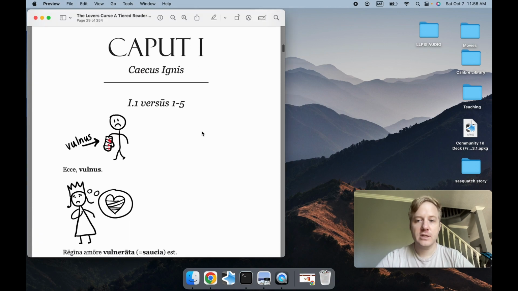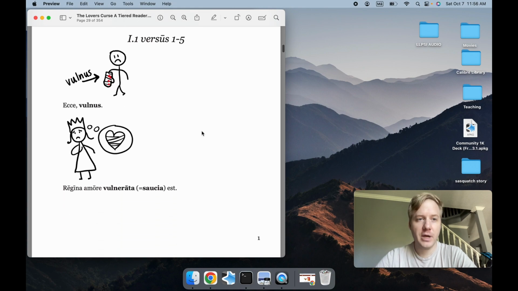So this is the first chapter of Carla Hurt's book, chapter 1. Basically, every section starts with number 1, typically with pictures that explain some of the vocabulary in the section. So for example, ecce ulnus is describing, you can look at the image, he's talking about an injury or something like that.